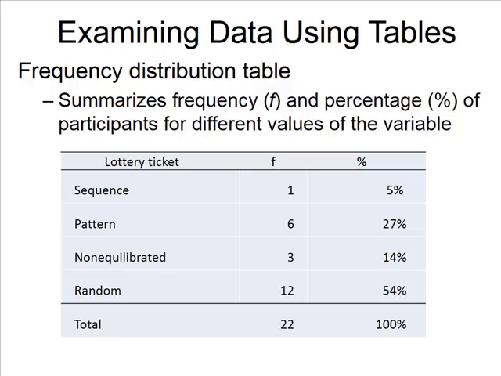This works best for categorical or nominal, ordinal, right? All of the non-continuous types of variables. And what you do is you take your category that you have your data in, and then you see how many times that category appears in your data. So this example is from the book. Something about how you select lottery numbers.